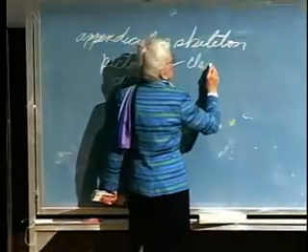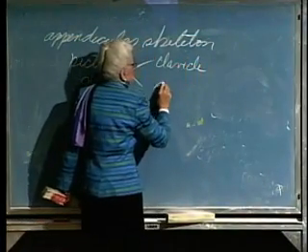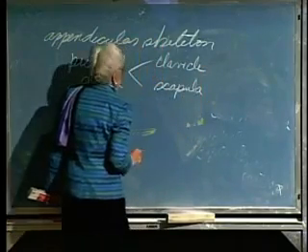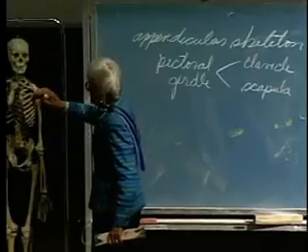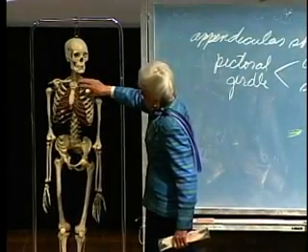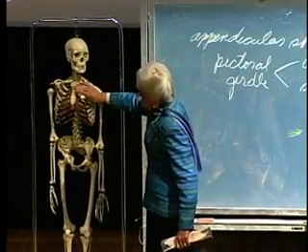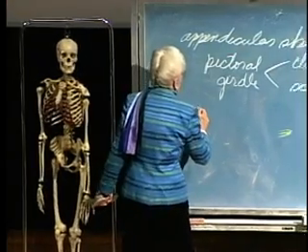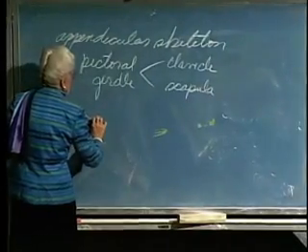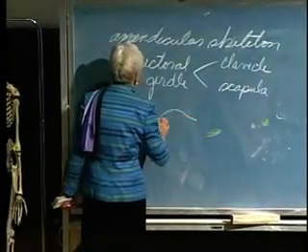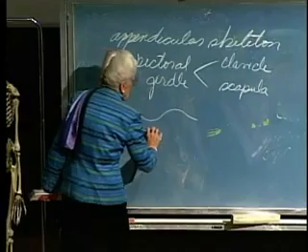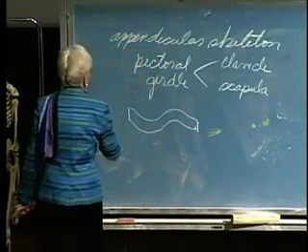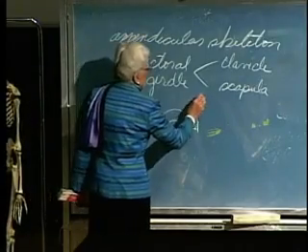Clavicle and scapula. The clavicle will articulate with the sternum at the manubrium. So let's put a clavicle here. This is medial, lateral.